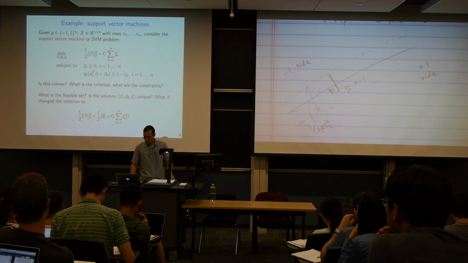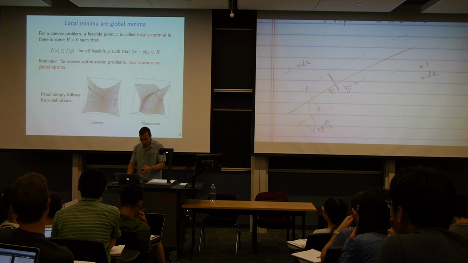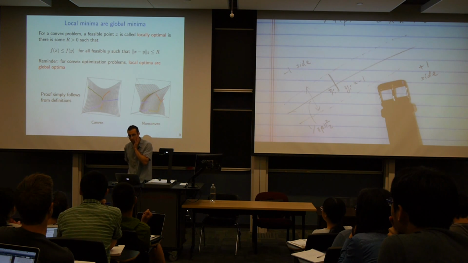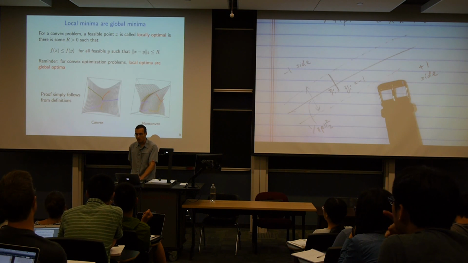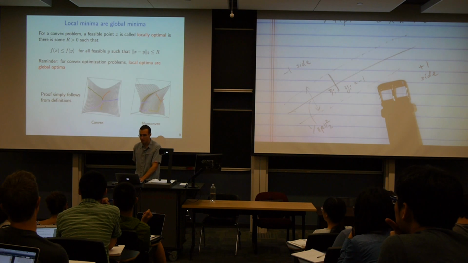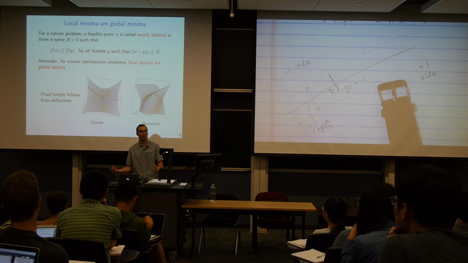OK, so that was this down here. A very important property of convex problems, we learned it last time, just to repeat, is that local minima are global minima. The proof follows from the definitions. Here were two pictures. I drew a convex surface and a non-convex surface. These were just two different criterion functions you might have in R2.